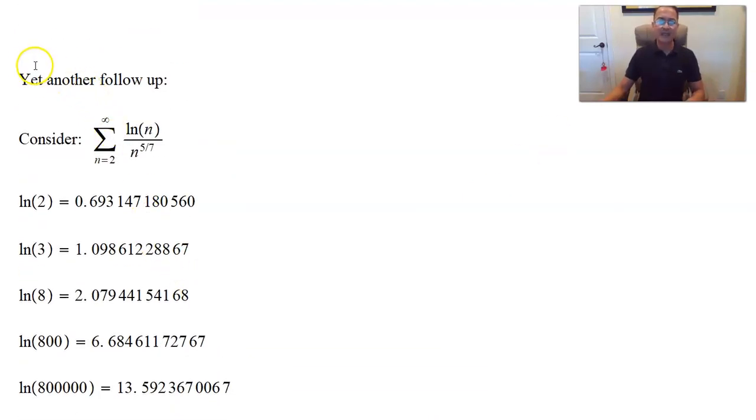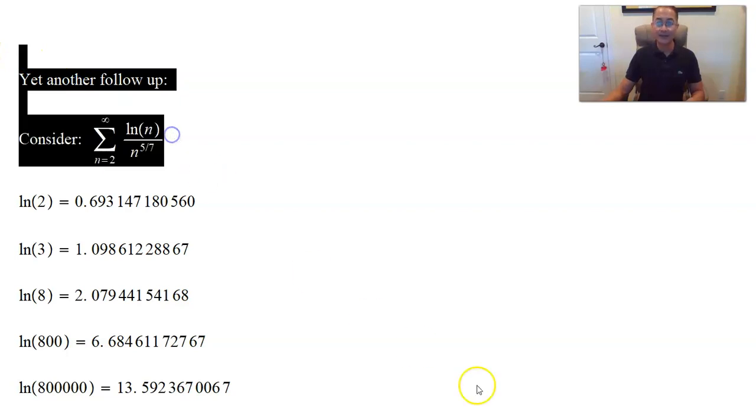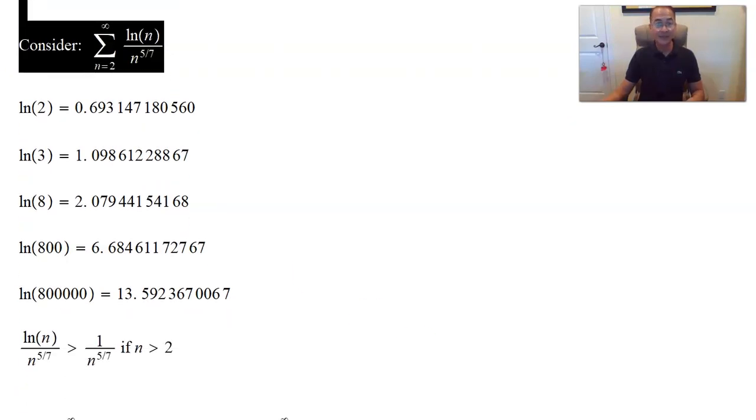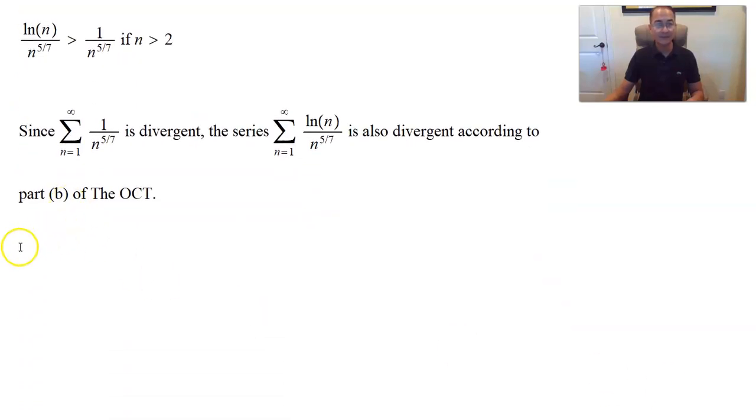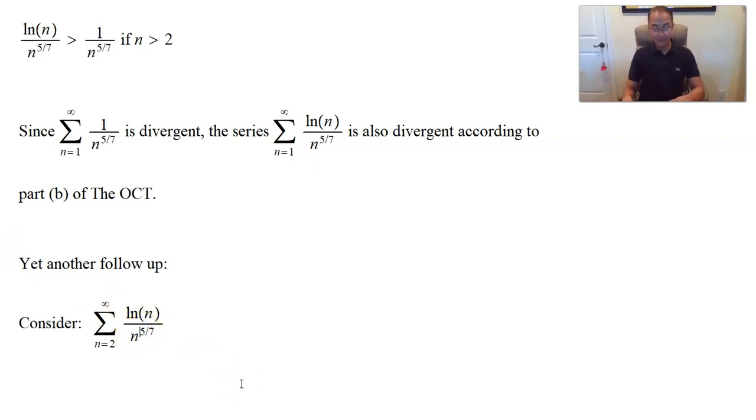So don't you think it's only fair that we have yet another follow-up, but this time, instead of n to the 5/7, we go back to n to the power 7/5 in the denominator. Okay, so once again, you have to be in either part A or part B of the OCT.